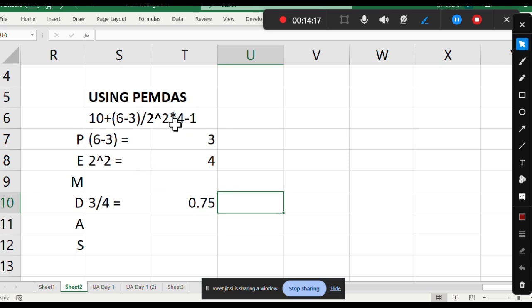So when this has taken place, when this one has done its own, that is when the multiplication now follows. This multiplication is after this. You can see where the multiplication sign is. So what we now have is 0.75 times 4.